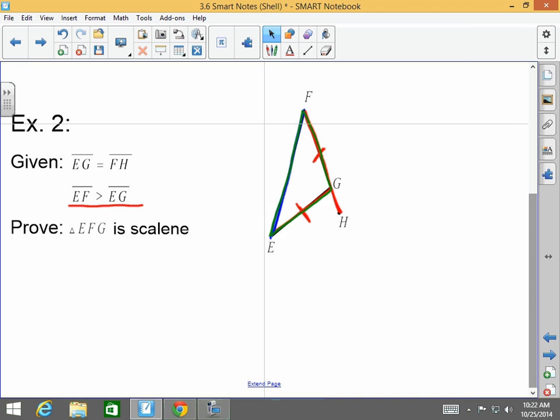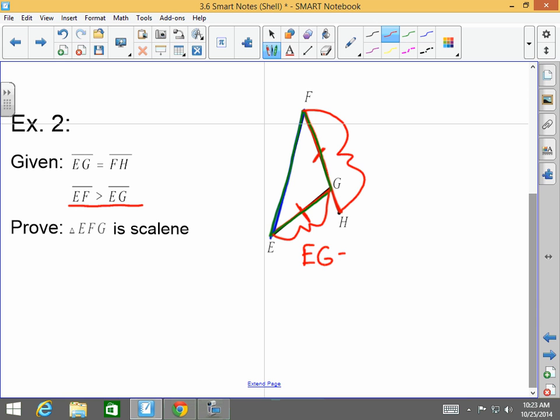Well, this is pretty simple, but just think about what's going on here. I'm going to use some numbers to help you guys out. If EG, which is this guy right here, is congruent to FH, let's just go ahead and put some numbers.